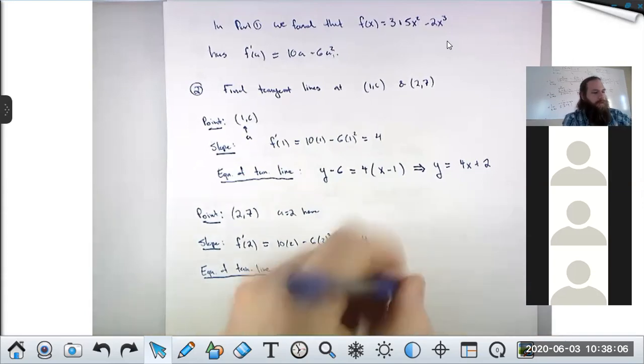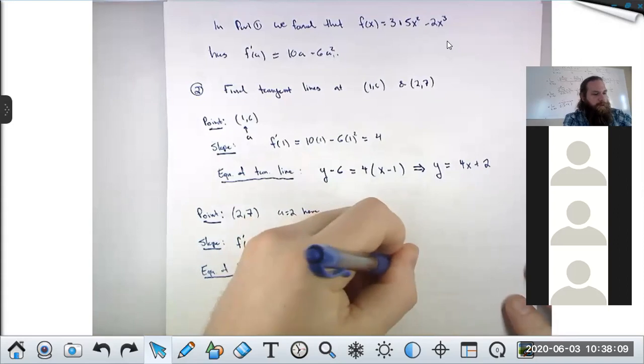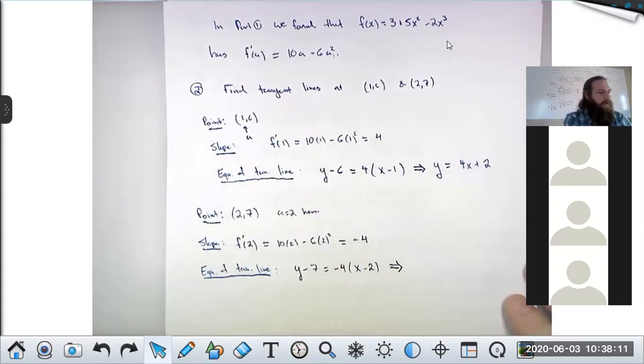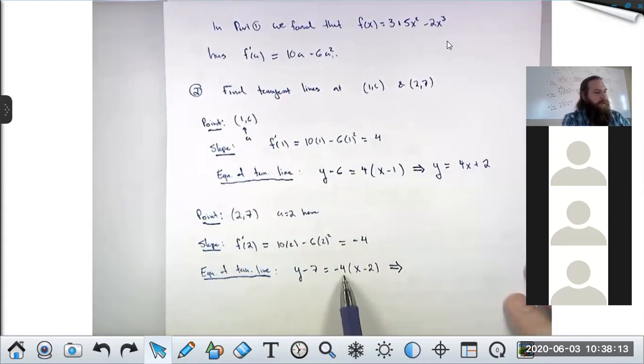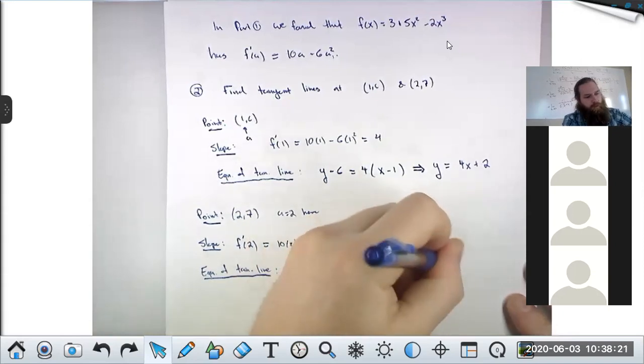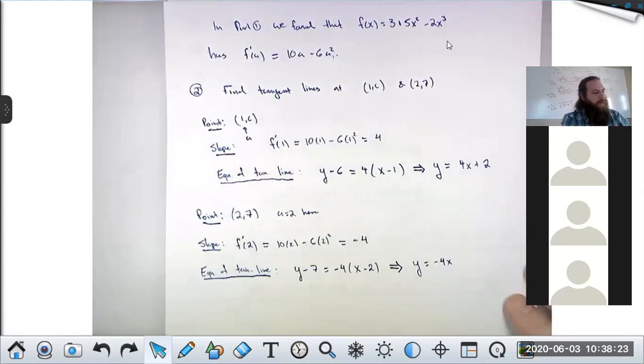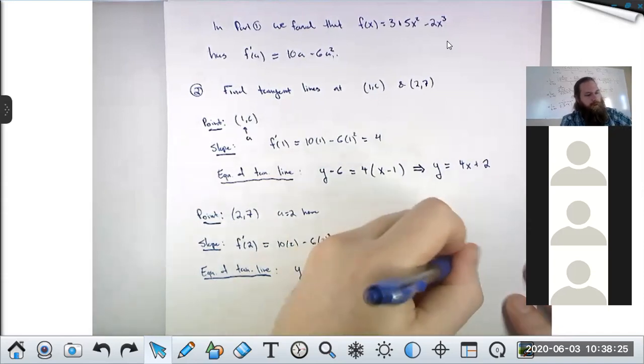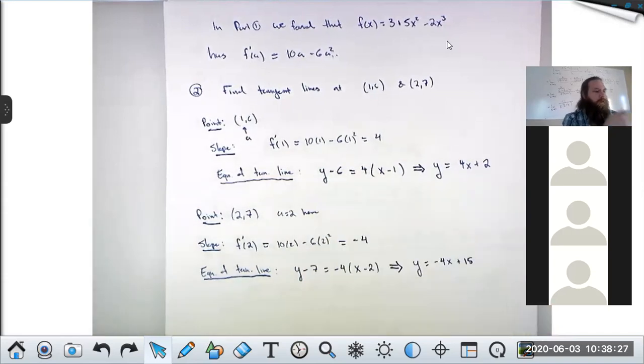I suppose we should solve this for y also, because they did ask us to do that. So if I distribute the negative 4 here, I get negative 4x plus 8, and then I add 7 to that. So y equals negative 4x plus 15. 8 plus 7, yeah.